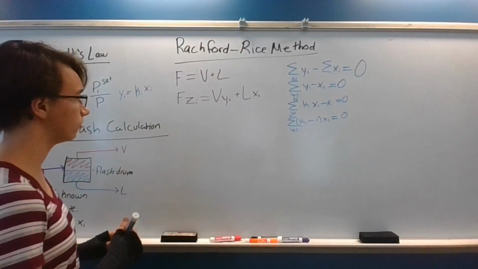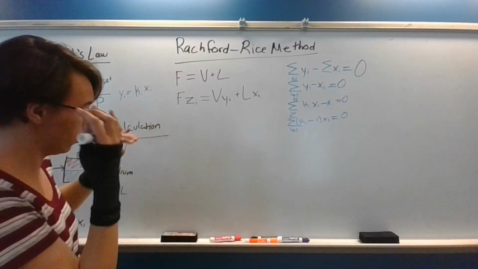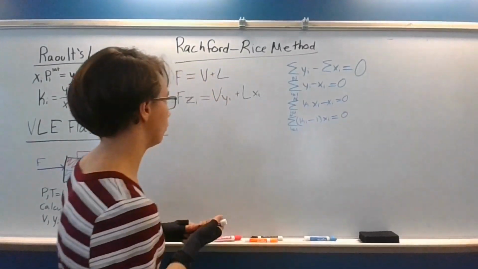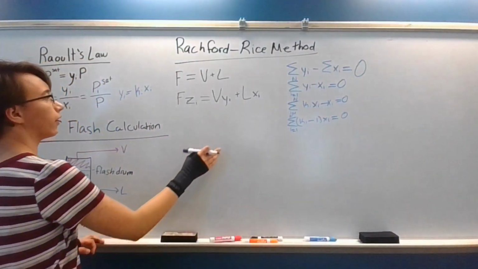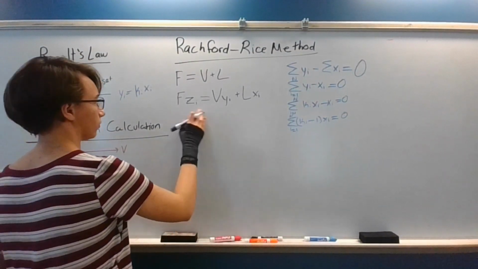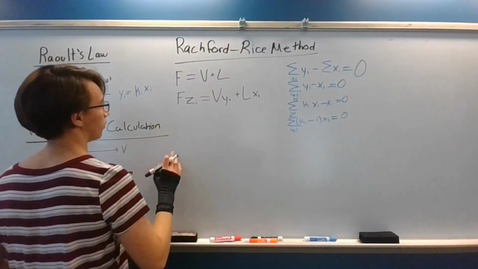Alright, so next we're going to want to look at this equation over here and rearrange it a little bit. So first thing we're going to want to do is, again, like we did over here, get rid of this yi value.